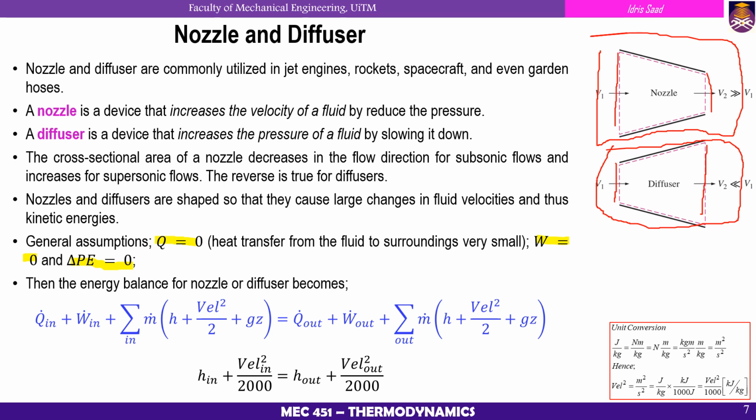That's why normally we neglect the effect of potential energy. Then, based on the energy balance equation for steady flow process, which is Q dot in plus work dot in plus summation of mass flow in is equal to Q dot out plus work dot out plus summation of mass flow out, that we have derived earlier.